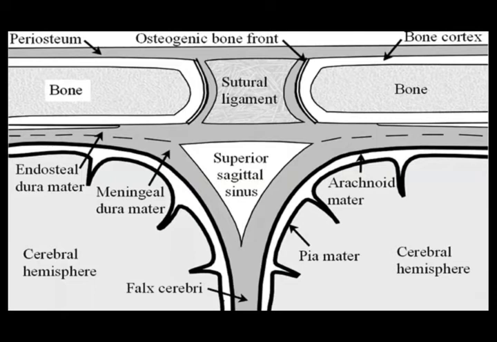ठीक है. So आप cranial vault की अगर आपको anatomy याद हो तो आप देख सकते हैं कि उसके ऊपर different sutures होते हैं. ठीक है. तो जो bones होती हैं, जैसे कि parietal, frontal, occipital bone है, these bones are connected through the sutures. ठीक है.